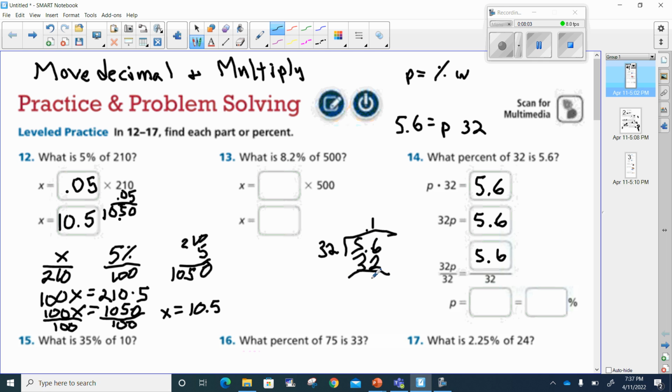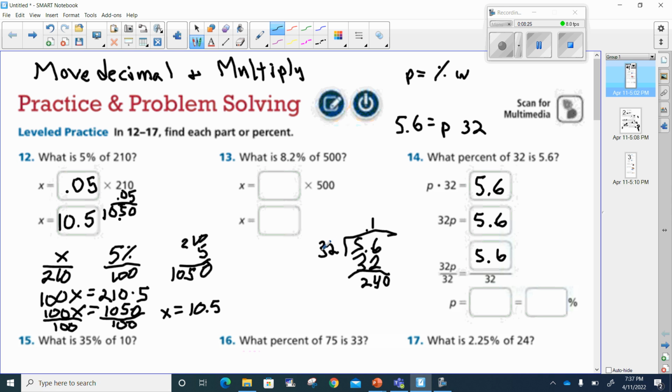And that gives us a 4 here and a 2 here. Remember, we are going to take 24 now and put a 0 over here. How many times is 32 going into 24 is the question.